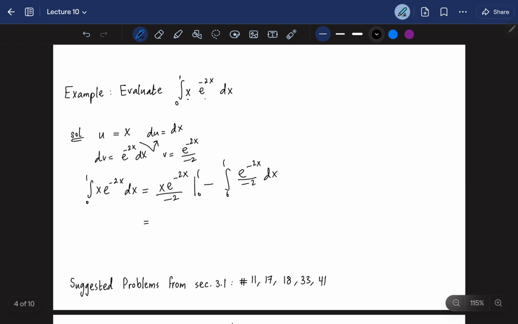So here, if you plug in 1, you're going to get this, minus what you get at 0. Then we can integrate this from 0 to 1, upper minus lower.